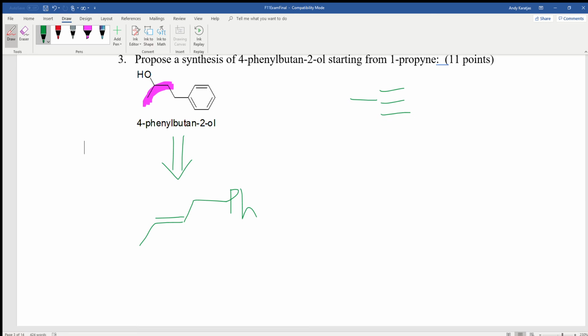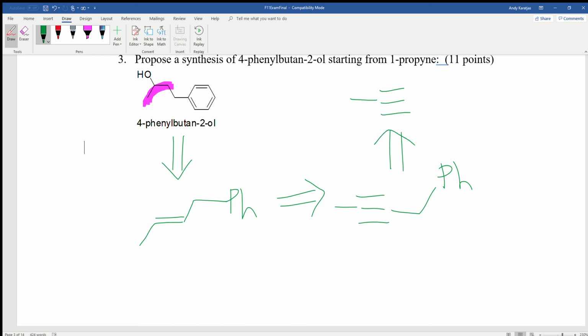Again, we can continue backwards in our retrosynthetic analysis. An alkene could very easily come from an alkyne. And you'll notice if we make this from an alkyne, we're exactly set up for the alkylation that we talked about at the start of this problem.